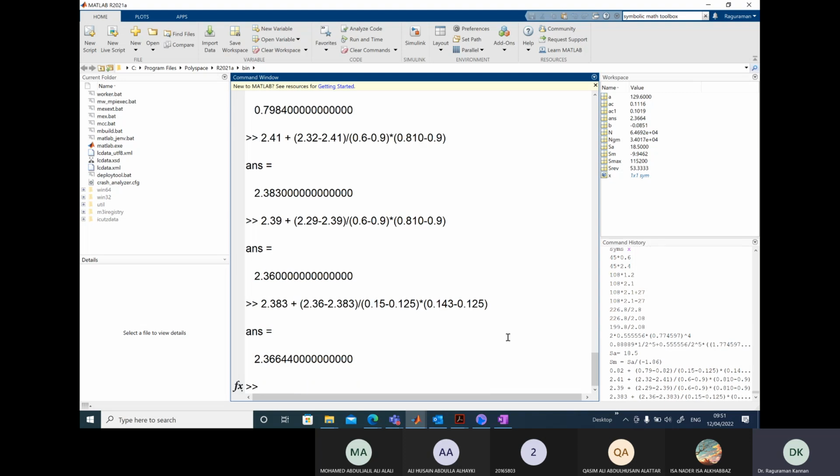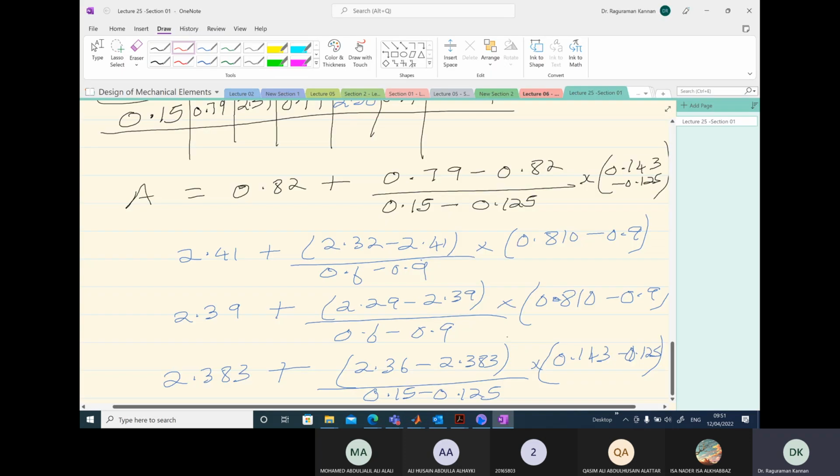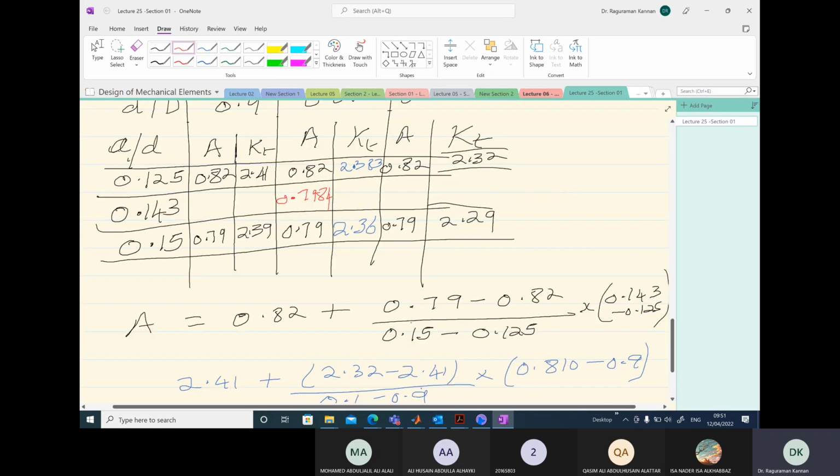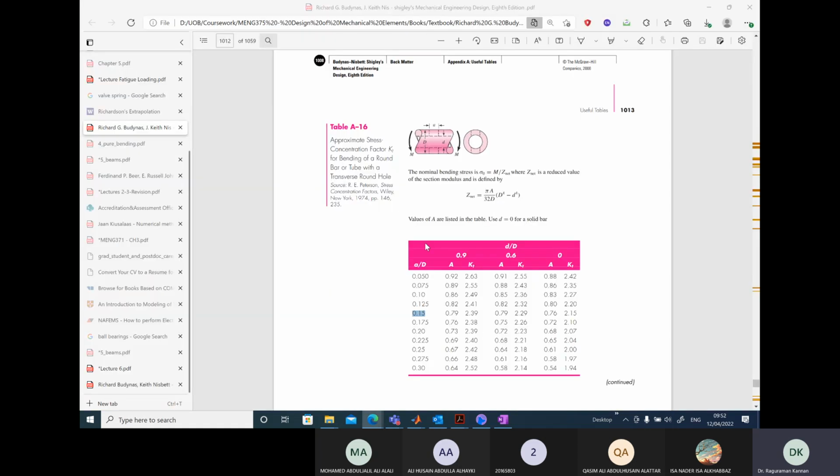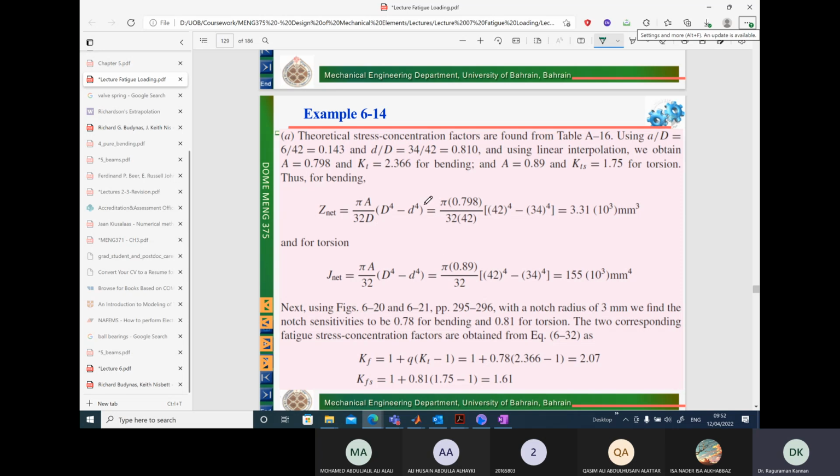Okay, so this gives us 2.36644. So that's the value. Okay, so these are the values of A and KT we should use in the problem. So let's go and check in the problem. The KT value 2.366 they have used. Okay.